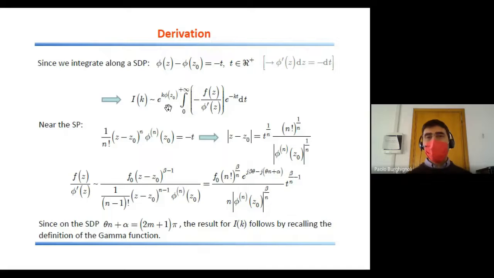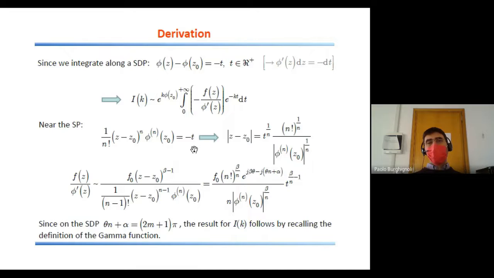Now, to evaluate this asymptotically, observe that near the saddle point, the difference phi of z minus phi of z0 is represented asymptotically as the first non-zero term in its Taylor series expansion, so this term here, in which you have the nth power of z minus z0. And this must be equated to minus t in order to perform the required change of variables.